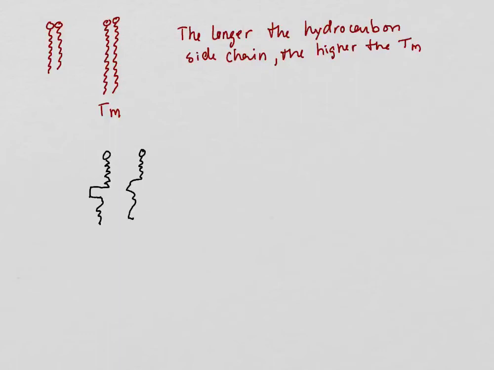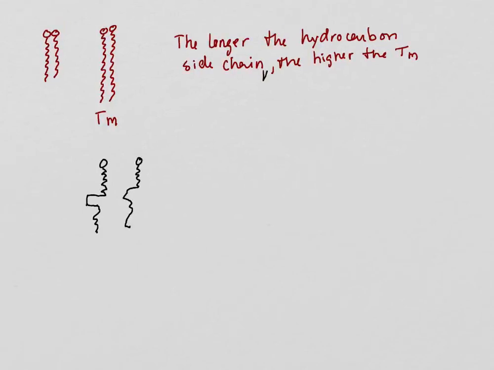So the more degrees of unsaturation, the more distance tends to occur, the more fluidity tends to occur, the less London dispersion forces. So up here, the longer the hydrocarbon side chain, the higher the Tm, because there are more London dispersion forces. So the longer the hydrocarbon side chain, the greater the London dispersion forces, and the higher the Tm.